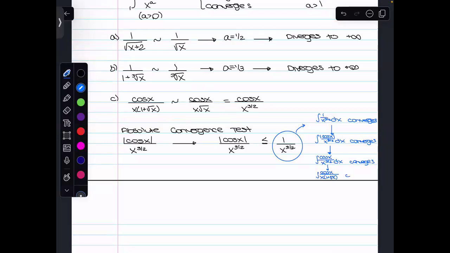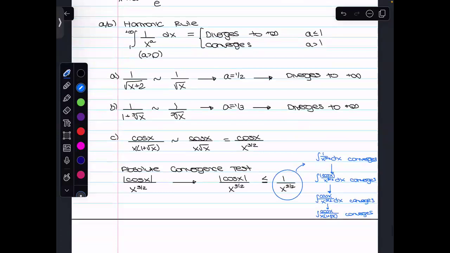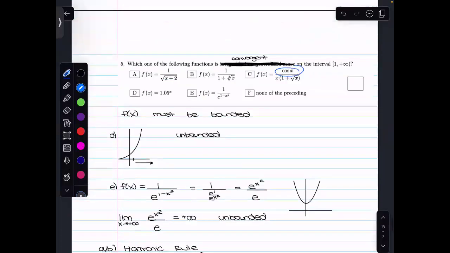But of course, if it's multiple choice, honestly, you can assume that if you have a sine or cosine by itself, it really does end up having to converge because you're forced to use the absolute convergence test. So that's a good thing to keep in mind, just so that you can guess on it if necessary, but it is a very educated guess.